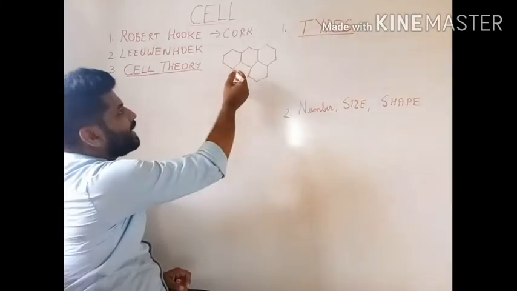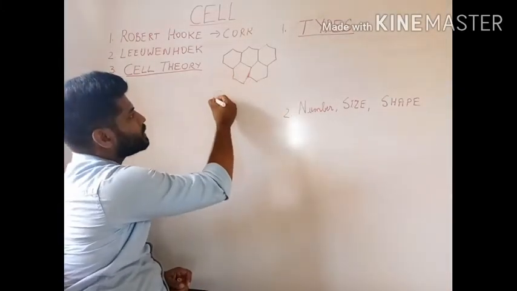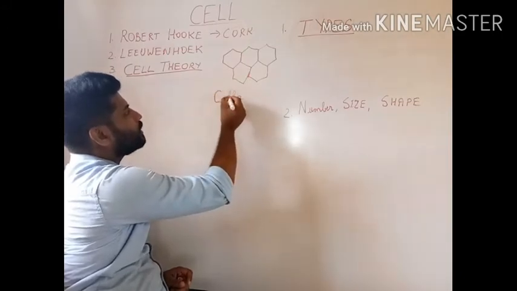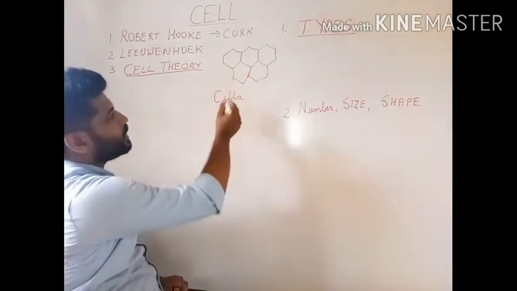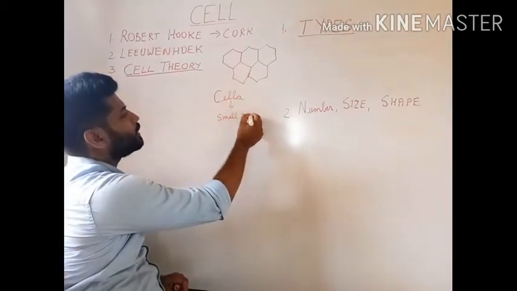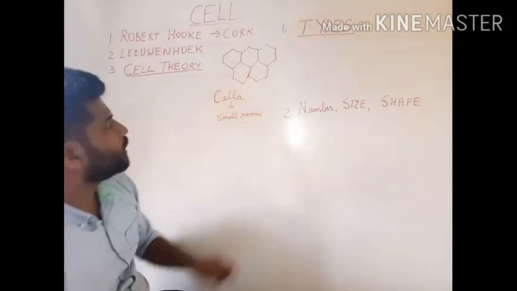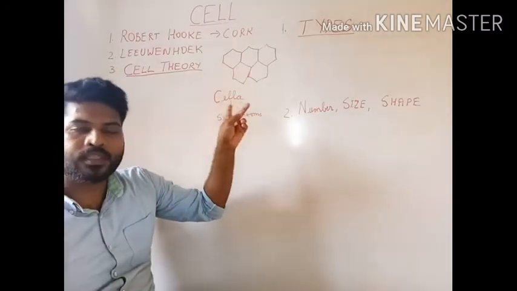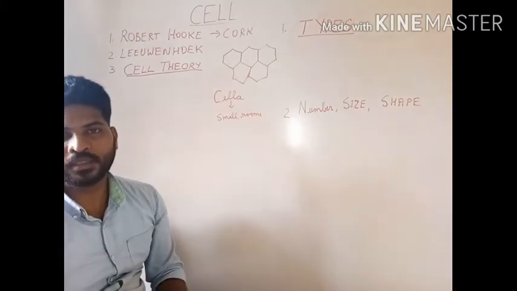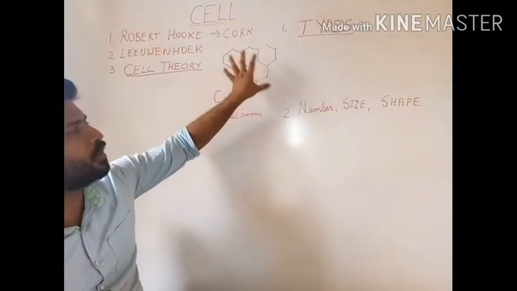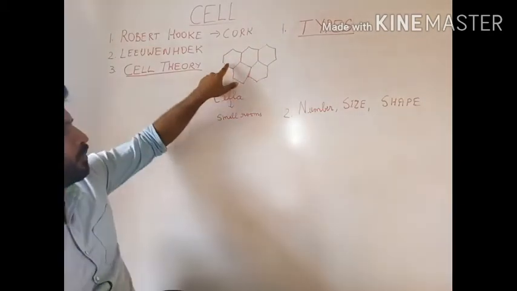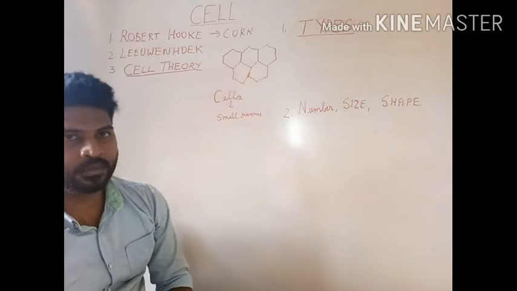Robert Hooke named them cella. In Latin, cella means small rooms or compartments. This is what is called cell in English, and mostly these structures were uniform, of the same shape and size.